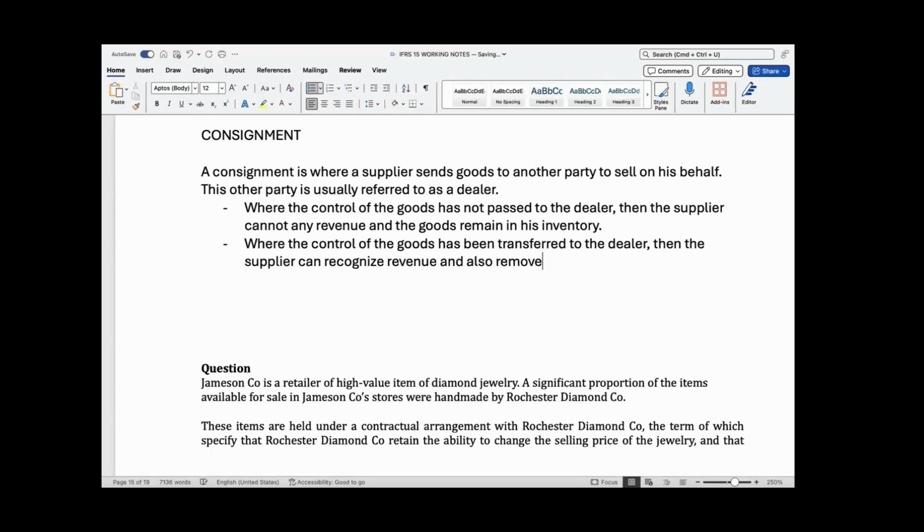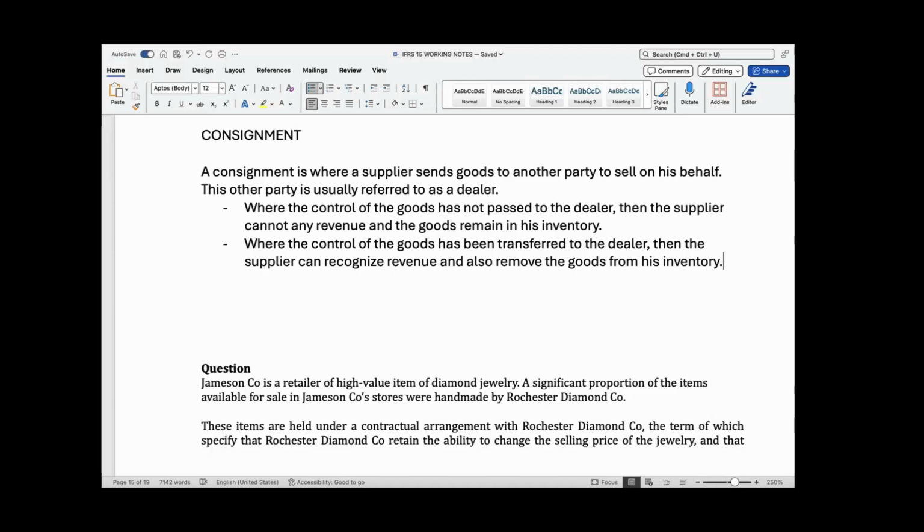Also remove the goods from his own inventory, because we have transferred control to the dealer.